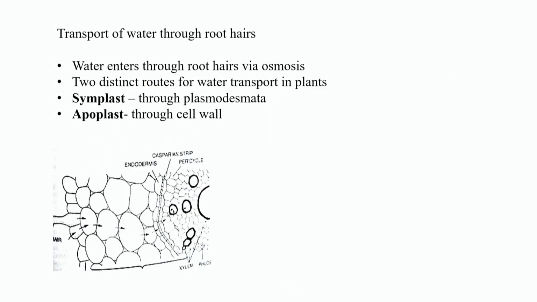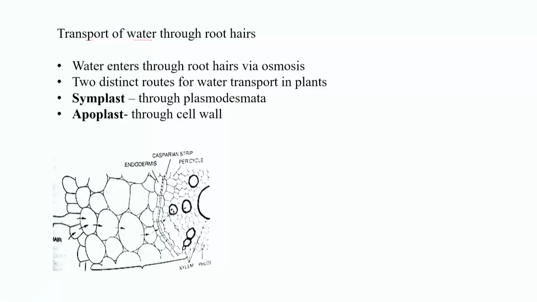Now, transport. Root has a very important function of transport of water, and transport of water starts with the root hairs. Root hairs increase the surface area and help in better absorption of water. In the earlier classes, while discussing xylem, we saw how water enters the vessel and then moves upward through the stem.